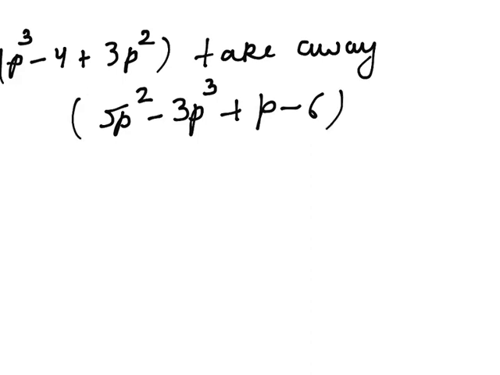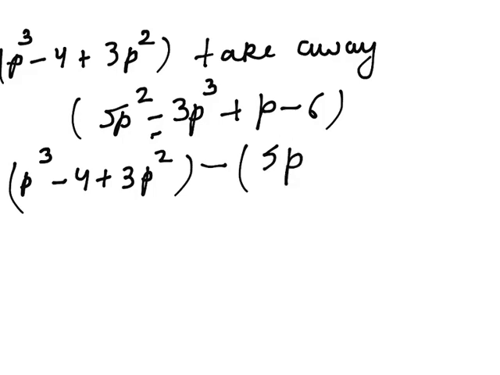In case of subtraction, we have to be very careful which term we are going to subtract from the first term. So here we are taking away this. So how we will write? We will write like this: p cube minus 4 plus 3p square we will take away minus 5p square minus 3p cube plus p minus 6.